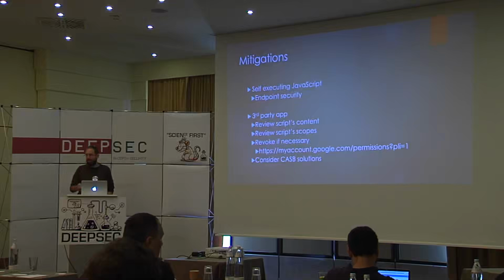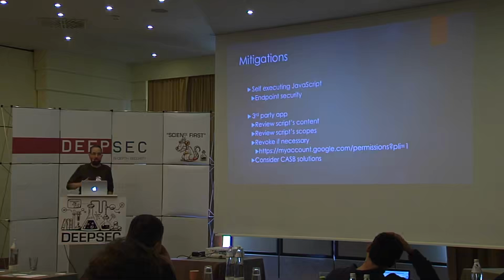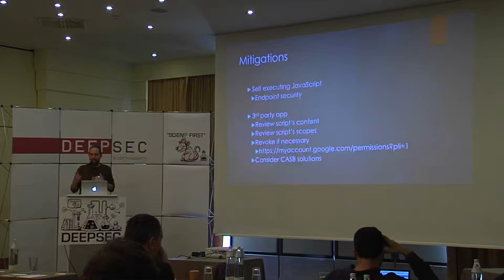If you mistakenly installed it already, you can go to the link that I showed earlier that shows all the installed applications within my account, review the scopes or permissions that they asked for, and revoke them if necessary. And of course, you can consider a CASB solution in order to do stuff like that. They can manage it for you, review the apps, score them, and so on.